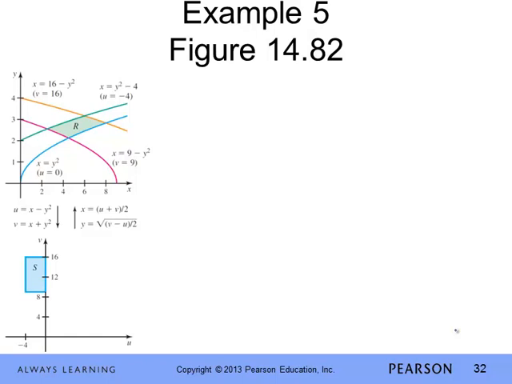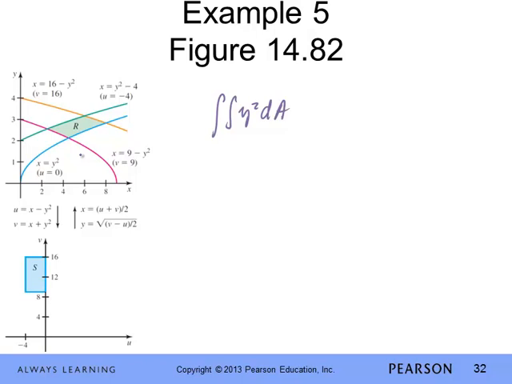For example 5, you're simply integrating y squared dA over this region R. So the integral itself is easy, but the region that you're integrating it over is crazy. It's trapped between these various curves.